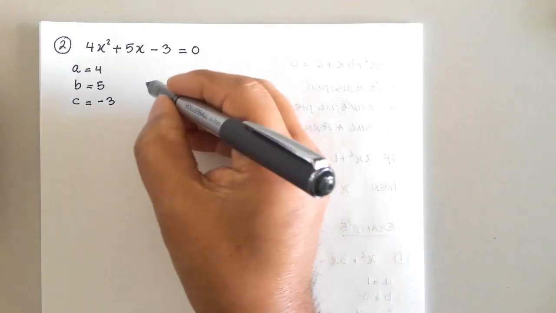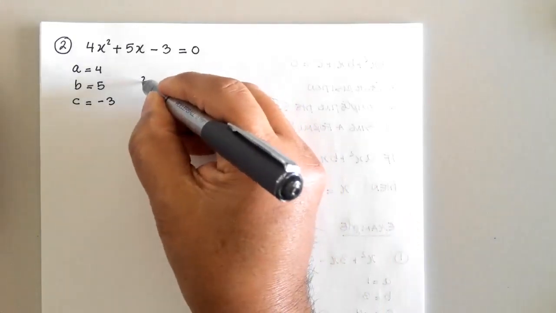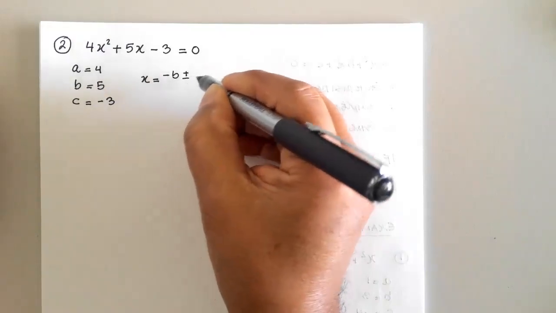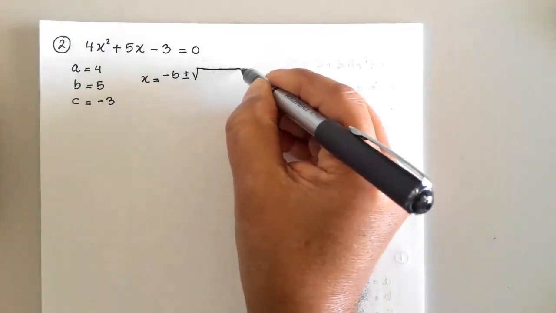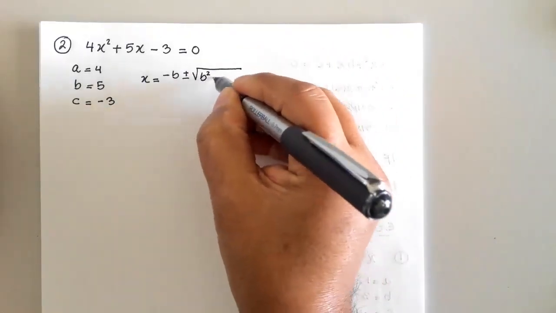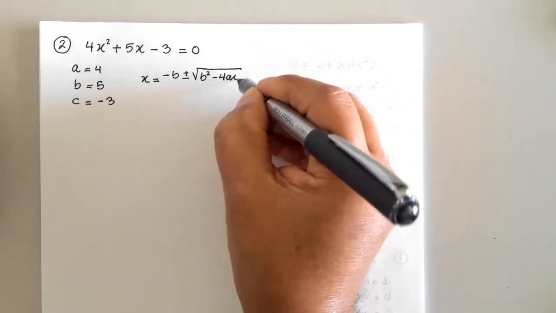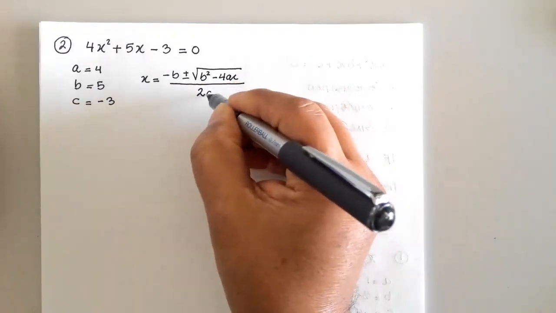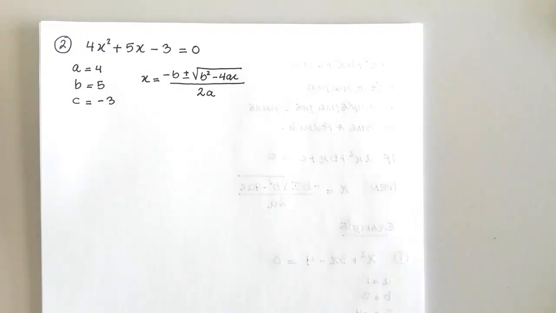So I'm gonna write the formula here, until you remember this by heart. This is b squared minus 4ac. And then I'm going to do this substitution.